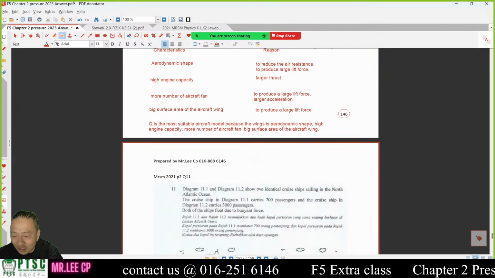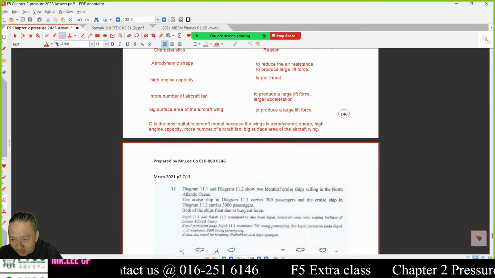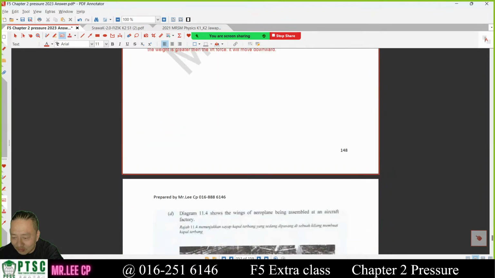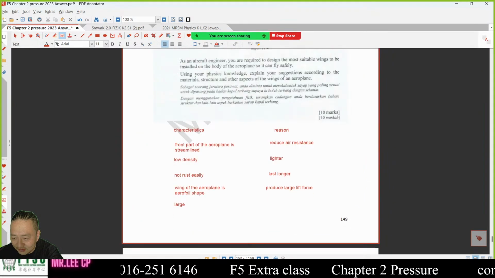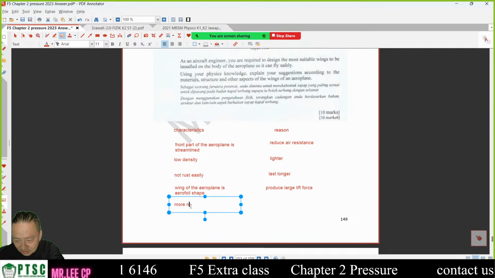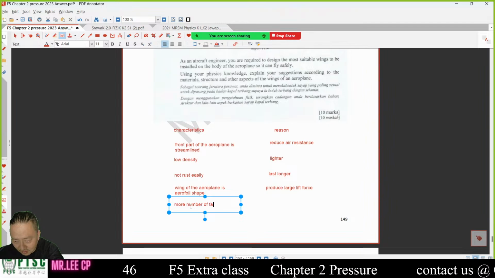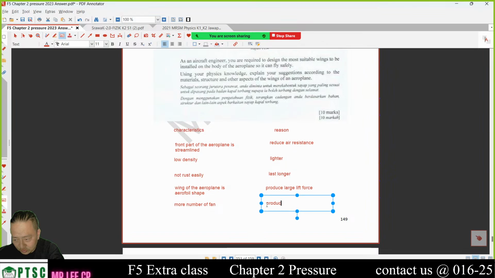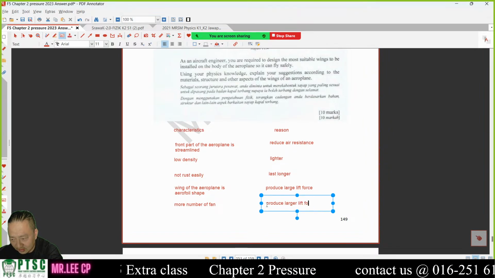More number of fan. Aircraft fan, so I call it fan. More number of fan produce larger lift force.